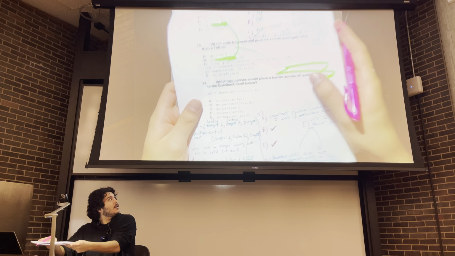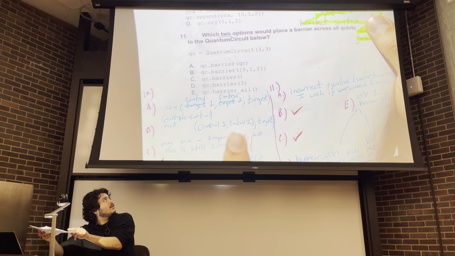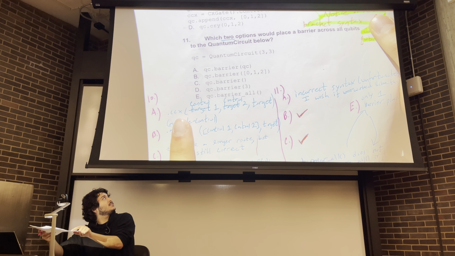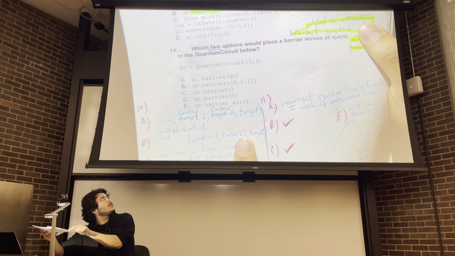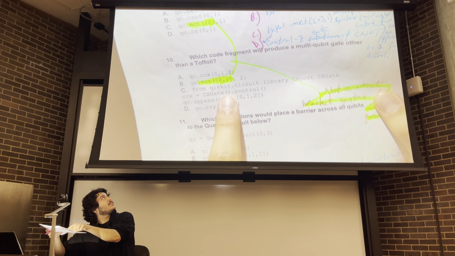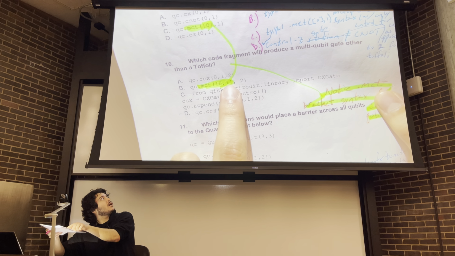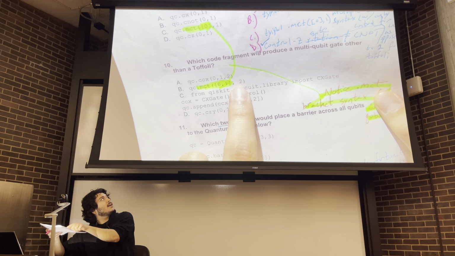Here we see the syntax for the MCT. It's control 1, control 2, and then the target. So for this MCT, 0 and 1 are the control qubits, and 2 is the target qubit.